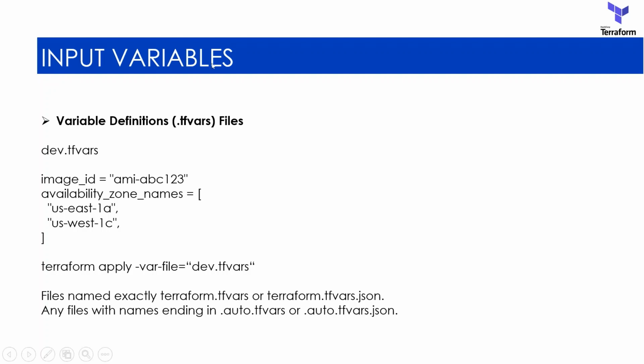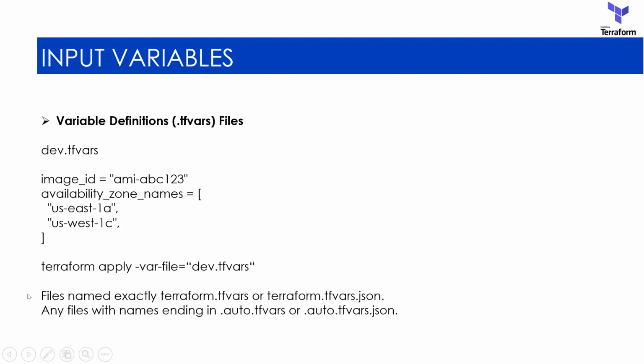So the .tfvars file has image_id equals the name of the image, and availability_zone_names equals the name of the availability zone. With terraform apply, we use -var-file and the name of the file.